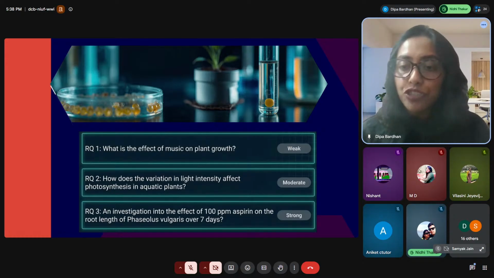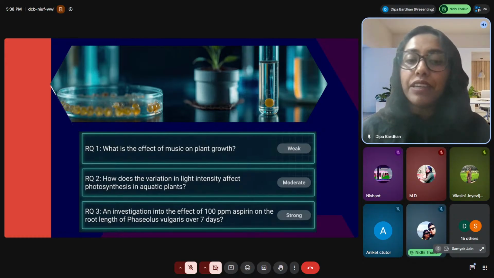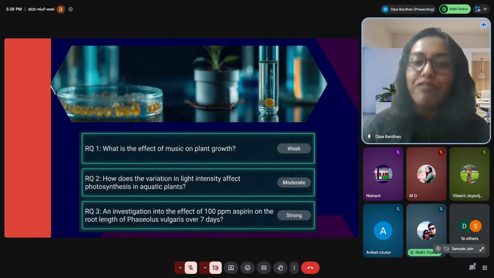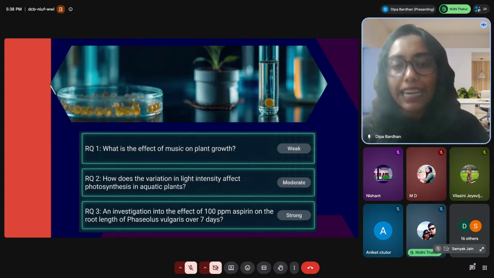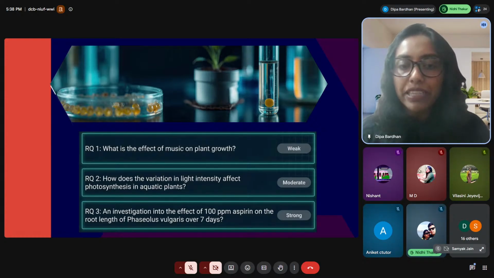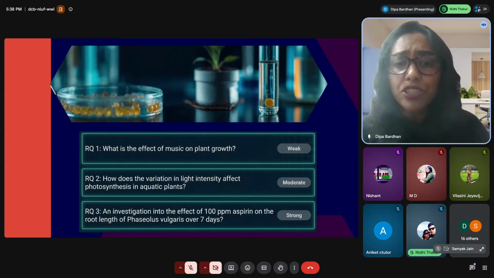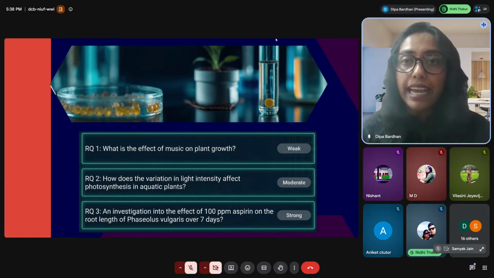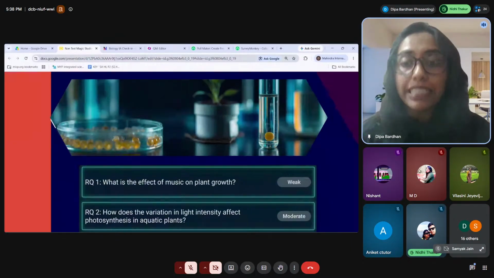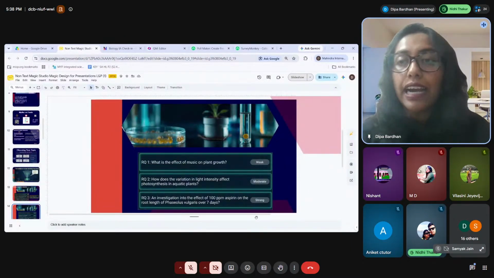That is a strong RQ based on these 3 questions, but we can make it stronger if we write the scientific name using the proper guidelines for scientific nomenclature. Also, if we consider how we will measure the root length in our RQ, that will also be helpful.